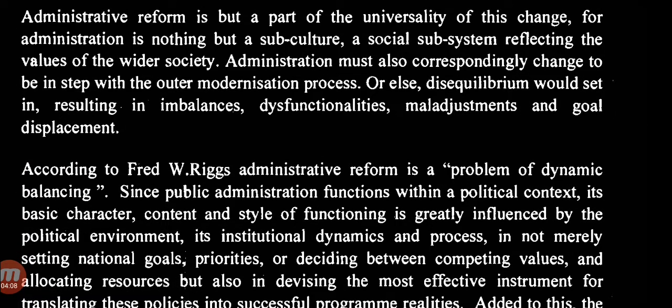Administrative reform is but a part of the universality of this change. For administration is nothing but a subculture, a social subsystem reflecting the values of the wider society. Administration must also correspondingly change to be in step with the outer modernization process, or else disequilibrium would set in, resulting in imbalances, dysfunctionalities, maladjustment, and goal displacement.